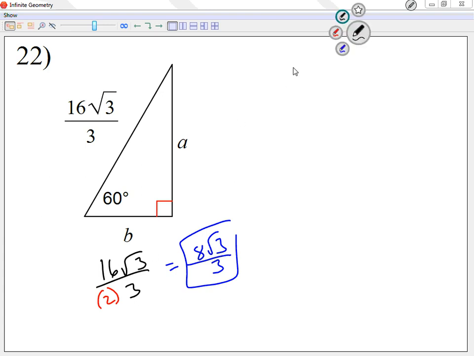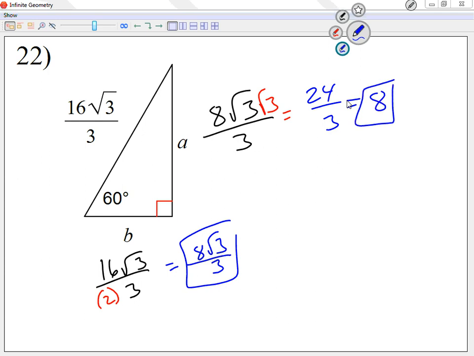Now to get to A, I have, to begin with, 8 radical 3 over 3. I have to multiply by radical 3. So I have 24 over 3. Are you guys seeing? I multiply my radicals times 8. 24 over 3 is better known as 8.